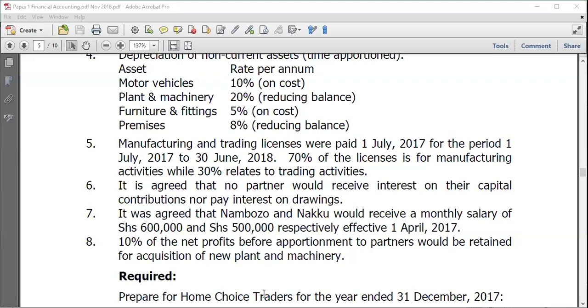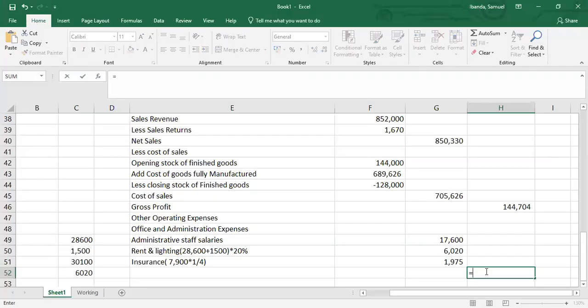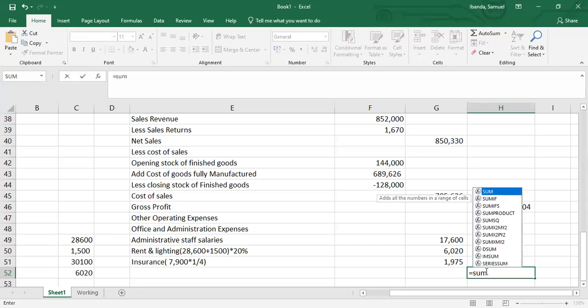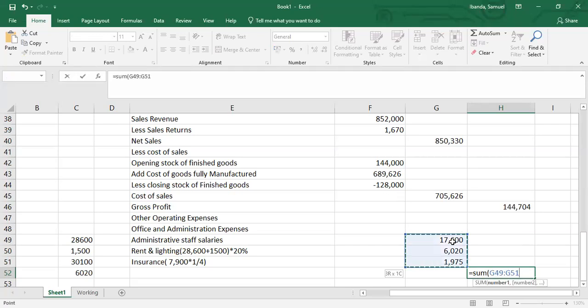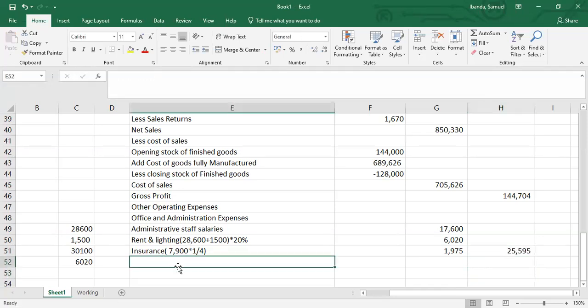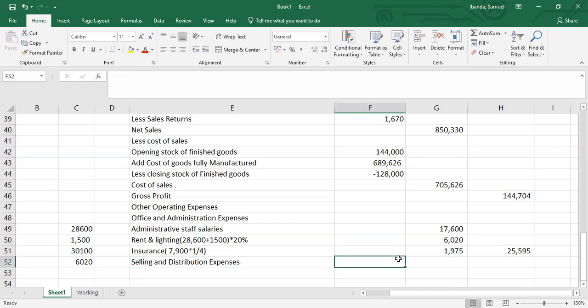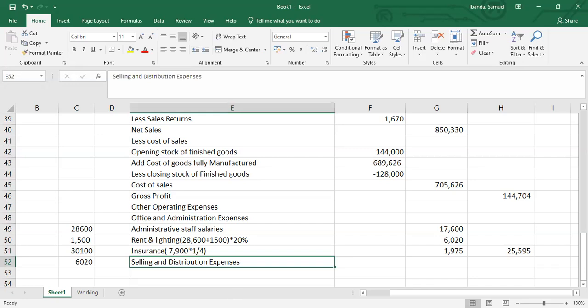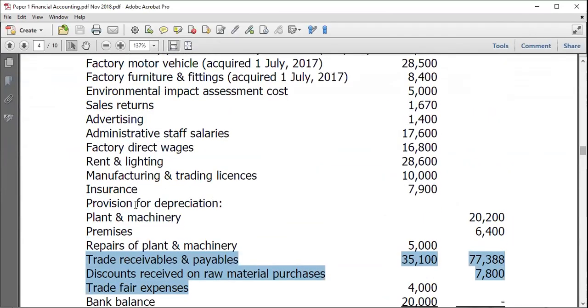So this is my total. I'll move to my selling and distribution expenses, and definitely what I'll basically do is still come here and look for them. Okay.